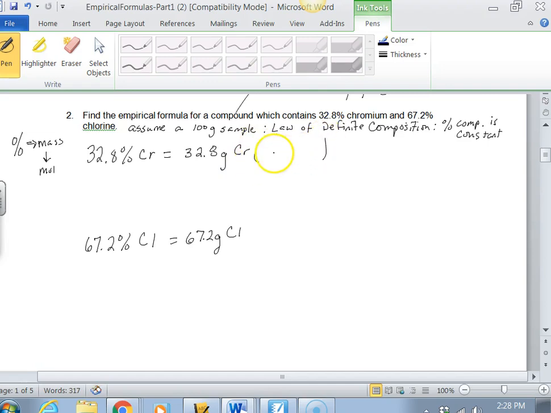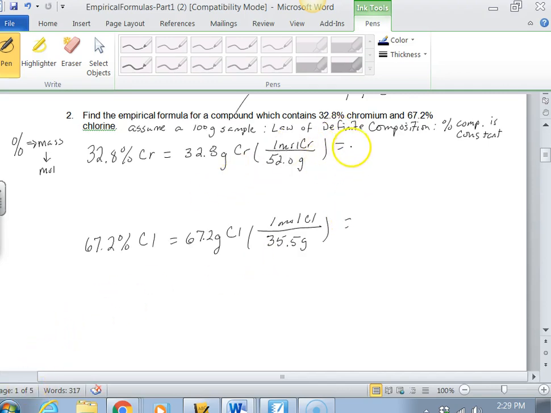Convert to moles. 1 mole of chromium is 52 grams. 1 mole of chlorine is 35.5 grams.